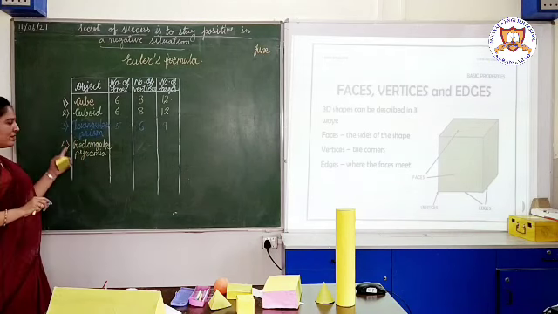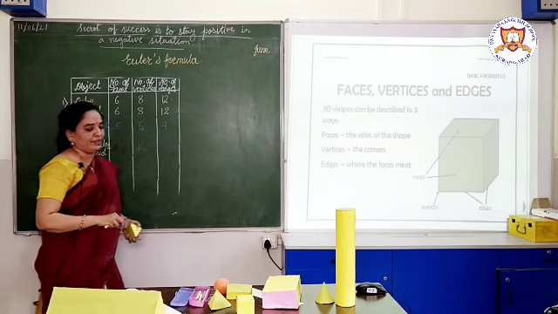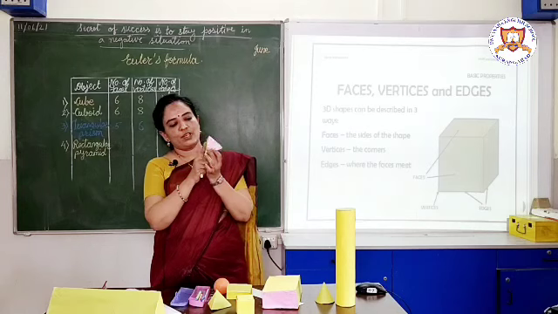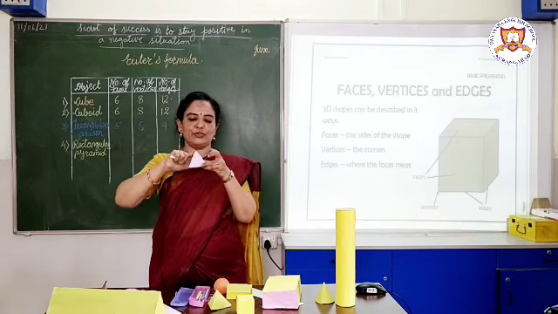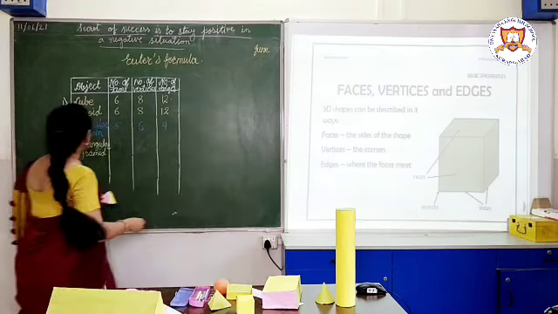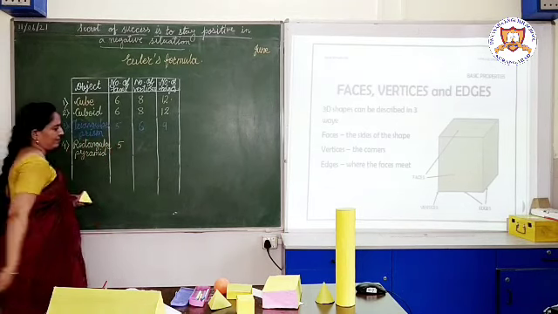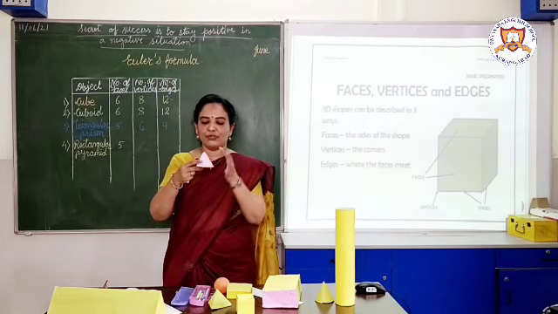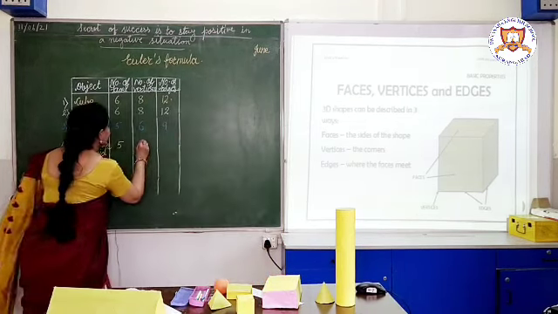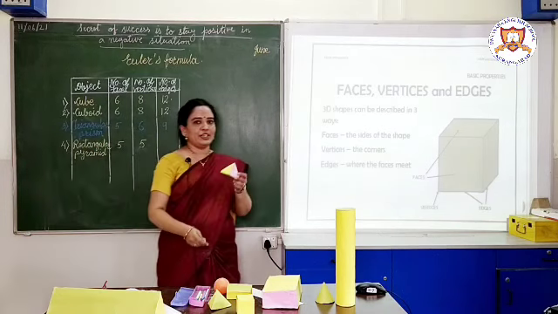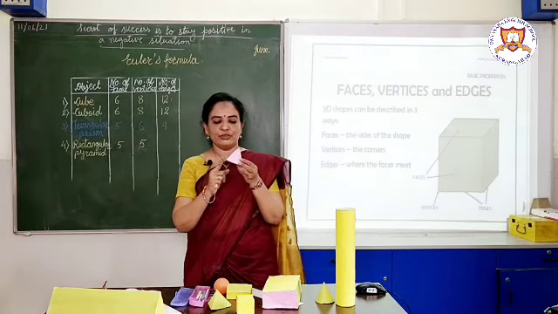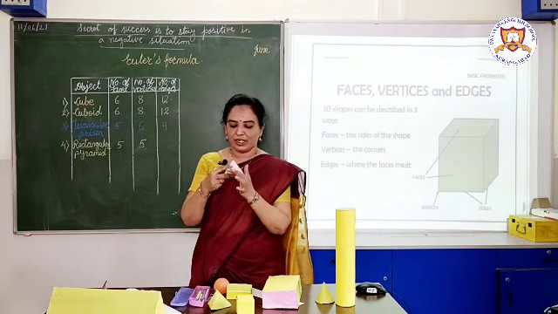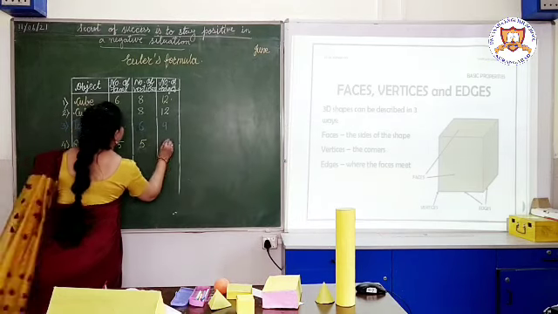This is the triangular prism and this is the rectangular pyramid. Okay, let's count for the pyramid. 1, 2, 3, 4, 5. How many faces are there for the pyramid? 5. Now how many vertices? 1, 2, 3, 4, 5. How many edges? 1, 2, 3, 4, 5, 6, 7, 8. There are 8 edges.